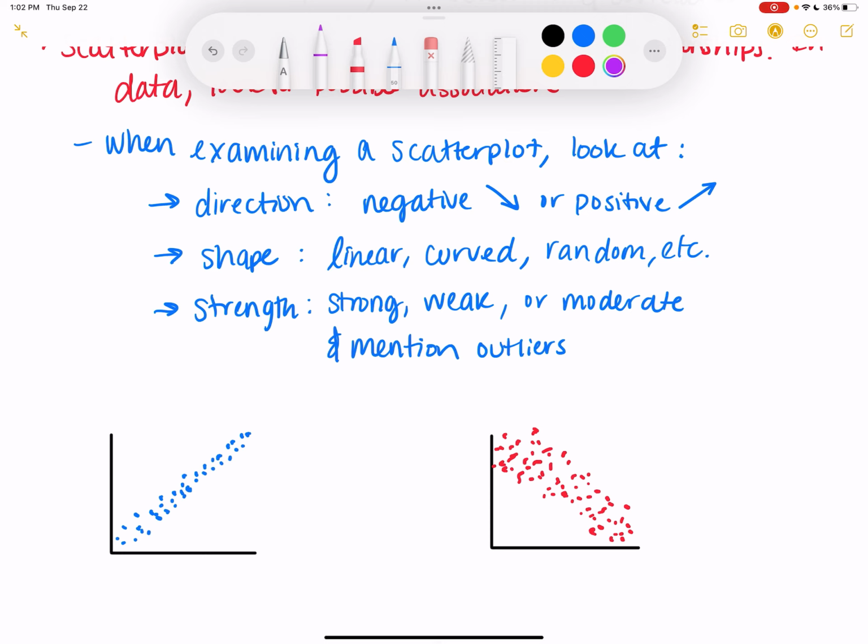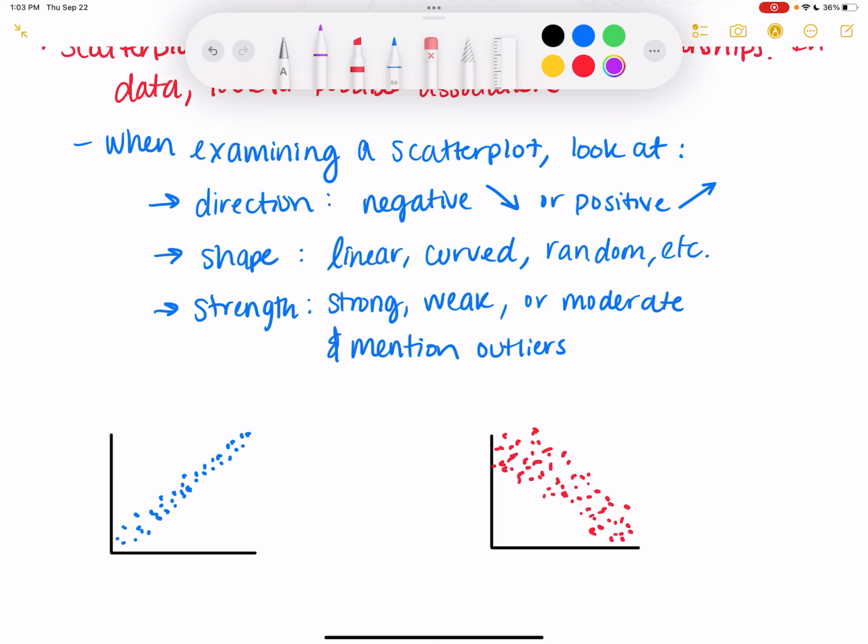So what do you think this one would be? Yeah. So we would say strong, or sometimes moderately strong, like it's going to sound kind of crazy, but you can have a mixture of the two. So I would say strong for this one. Sometimes people will only say strong if they're exactly in a line.